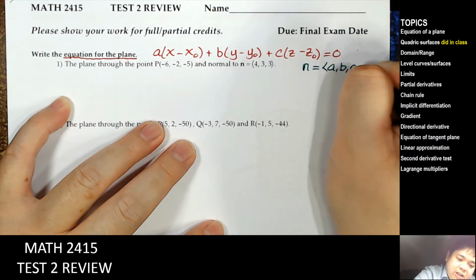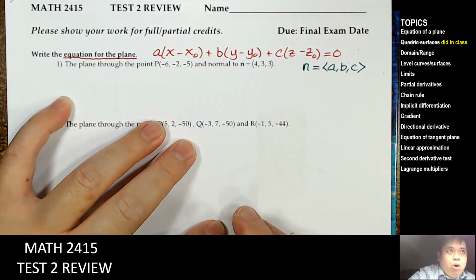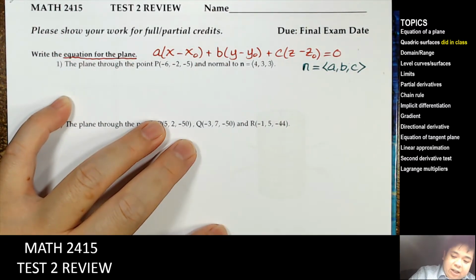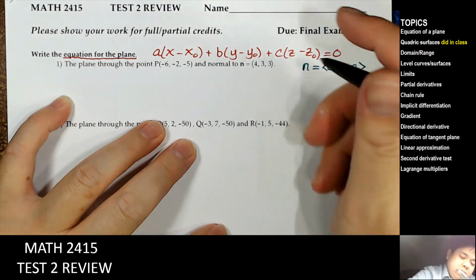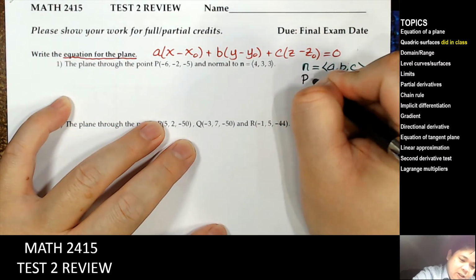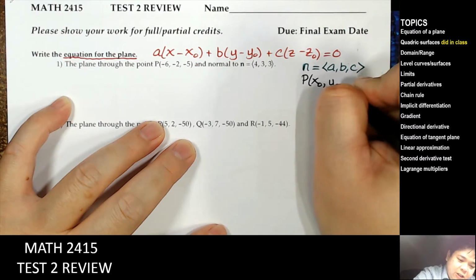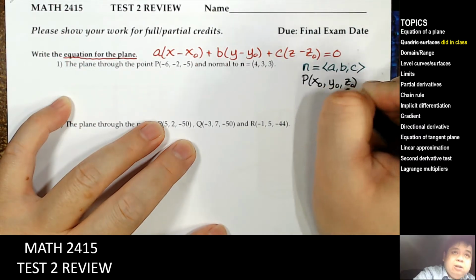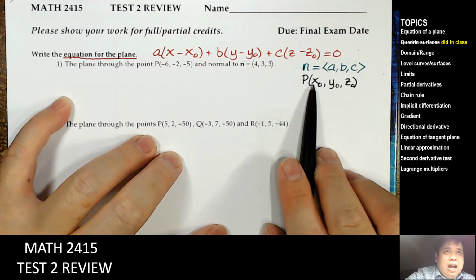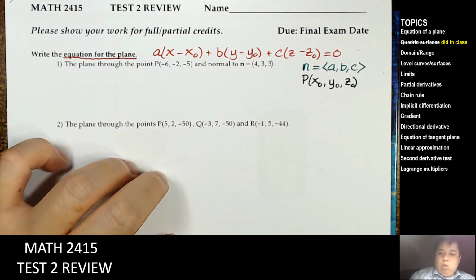So we need a vector normal to, or orthogonal to, a plane, and then we have to have a point, any point on the plane. So we need a point and a normal vector, then we have the equation.